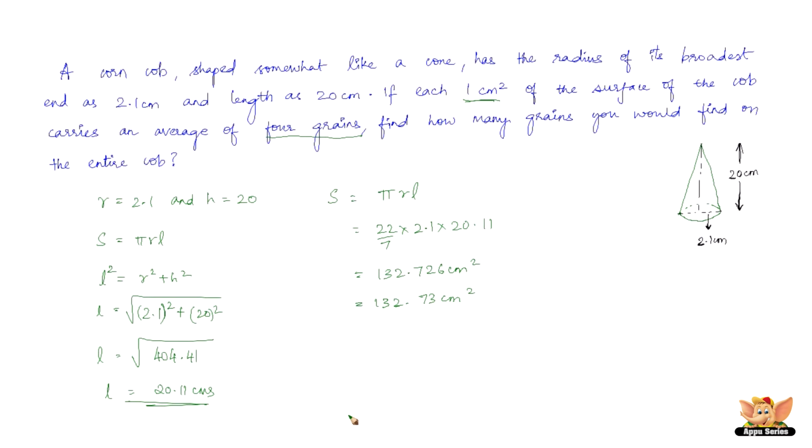Now, the number of corn grains is 4 per 1 centimeter square. So for 132.73 centimeters square, we will have 132.73 into 4, which is nothing but 530.92. So approximately, estimating it, 531 grains of corn on the cob.